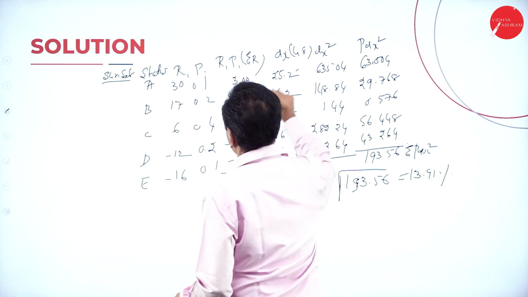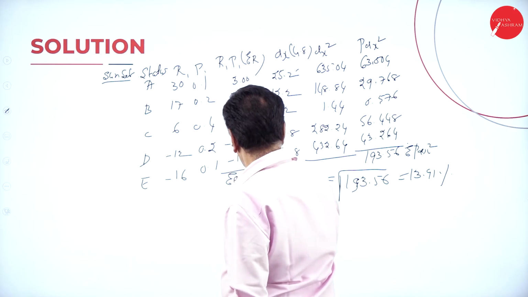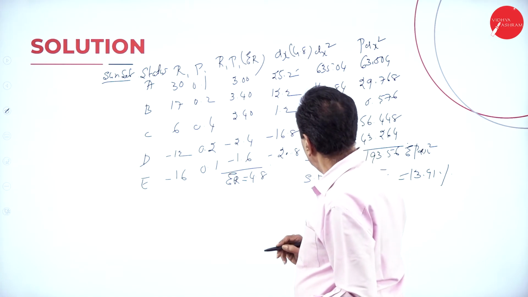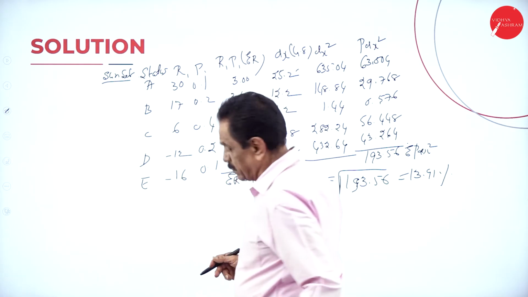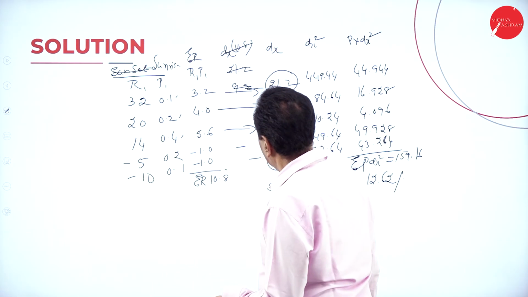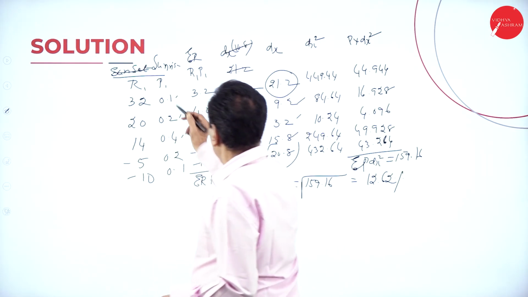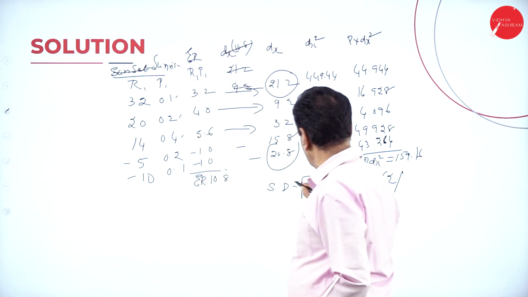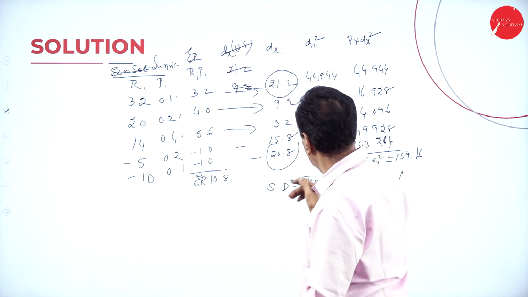Your dx is 13 to 1, it's only 4.8. This is 30 into 0.1. See the figures: 30, 17, 30, 20, 14 minus 5 minus 10. 30 into 0.1, 3. This is okay. Then dx is 21.2, 9.2. Only this is a minus figure.